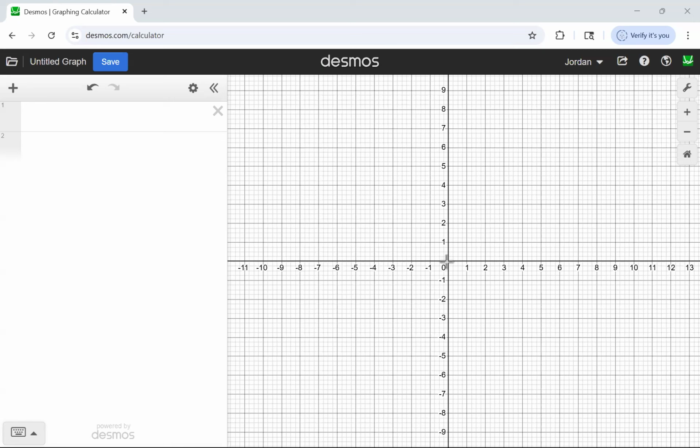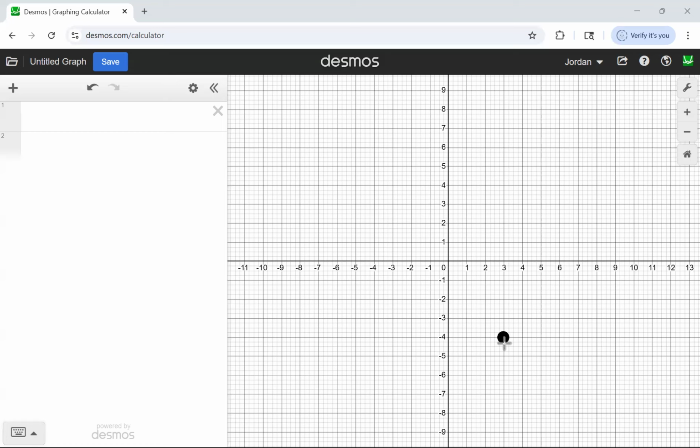The first point is (3, -4). That's a positive 3 in the x direction, and then a negative 4 in the y direction. So we get this point right there, (3, -4).